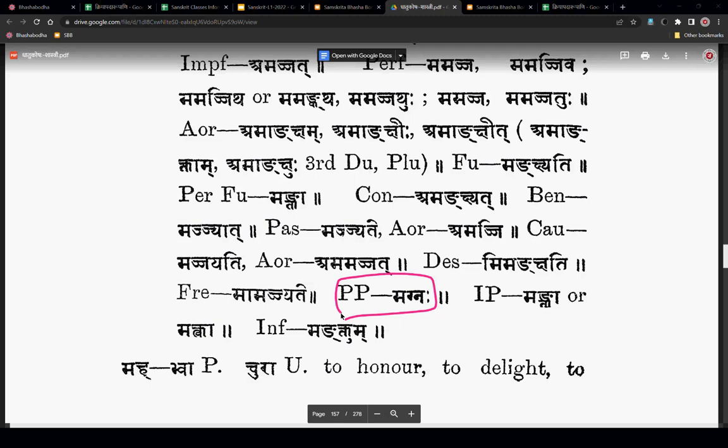This is a different form actually, but looking at this form, we can easily make the Bhuta Kridanta form we are talking about. This is the past participle, but for the Tavatu form, just remove this Visarga and add Van or Vati, in the Pullinga and Strilinga. Like Magnavan, Magnavati. So like that, it's simple.